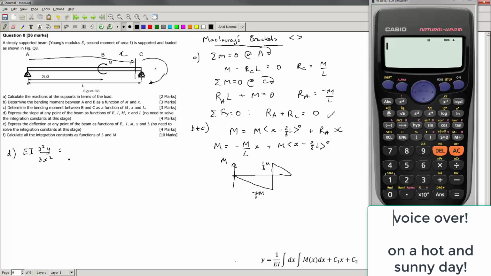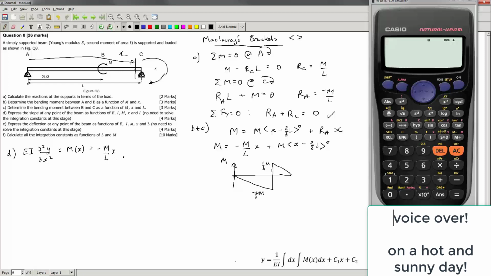And so what we can say is that on the right hand side, this is going to be M as a function of x equals this second order differentiation. I know what M as a function of x equals. I found that previously from my parts B and C, and I can simply put that in on the right hand side.